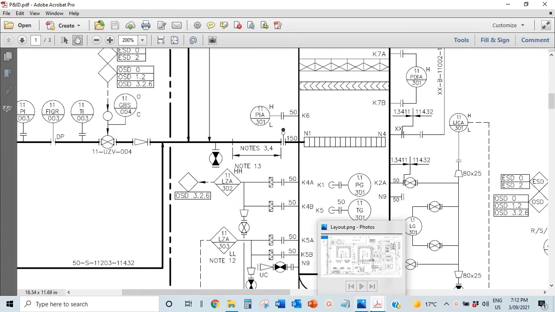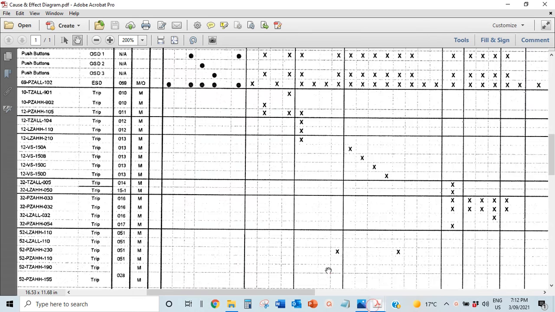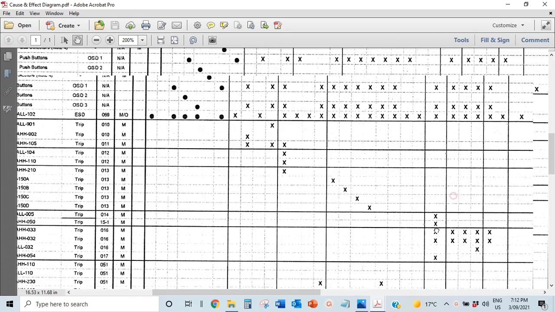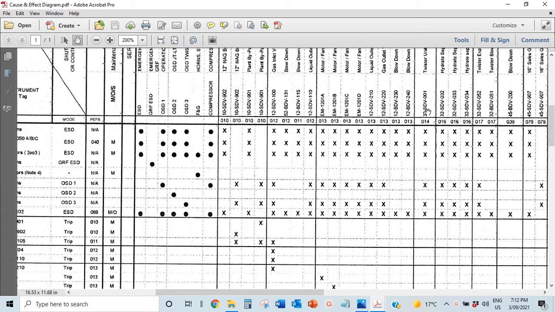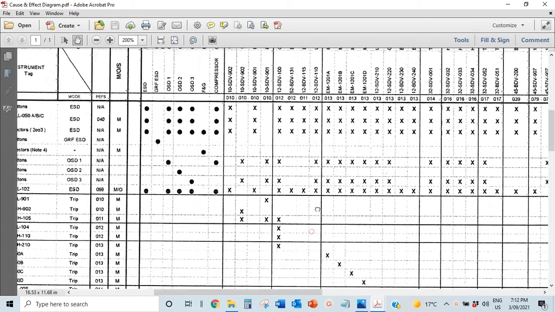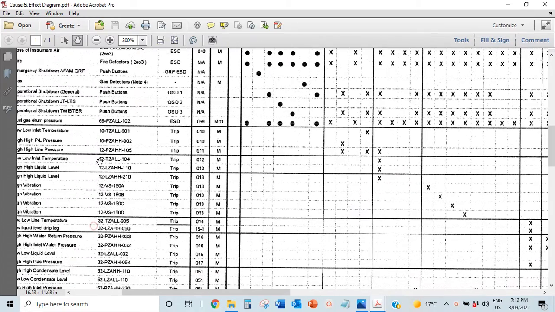Let's just assume that that's what you have here. This level trip. Where's that? Yeah, level trip high. So you want to make sure, was that the one I saw before? I think it was this. So you want to make sure, so it would tell you what shutdown valve it's going to close. That's why you prepare this chart, to know what each trip closes.